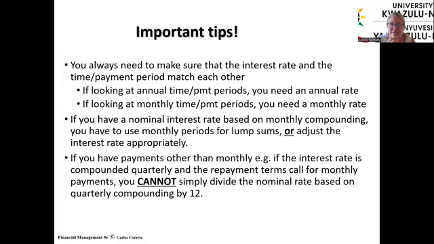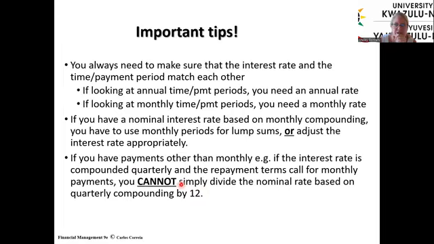If you've got payments other than monthly, for example, if the interest rate is compounded quarterly and the repayment terms call for monthly payments. Okay, so this is getting trickier now. Your interest rate is compounded quarterly, but the repayment terms call for monthly payments.